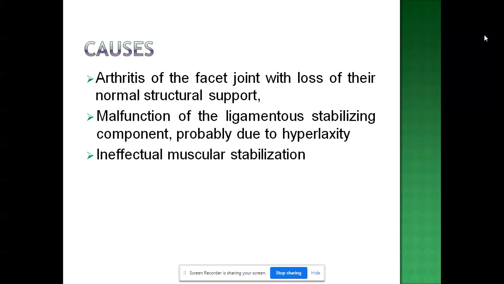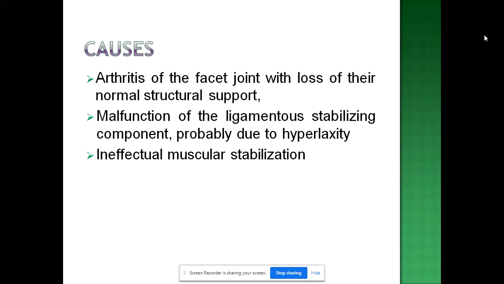So what are the causes? What causes spondylolisthesis? Arthritis of the facet joint with loss of their normal structural support, and malfunction of the ligament. So if ligaments are becoming lax, if hyperlaxity is there in the ligament, then it will not support the spinal structures properly. So that will cause spondylolisthesis. Ineffectual muscular stabilization.